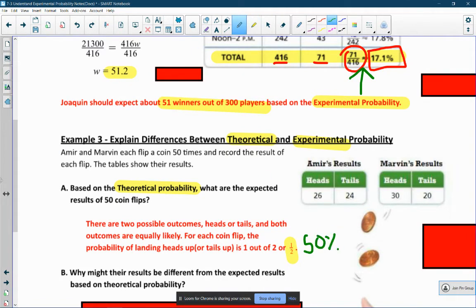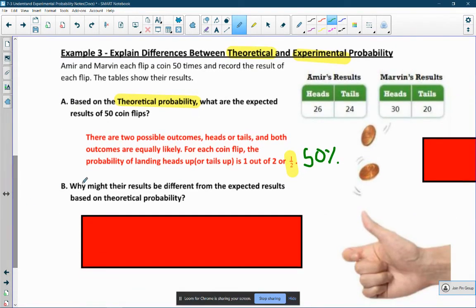Okay, B, why might their results be different from the expected results based on the table? Now, using the theoretical probability, each person should have got 25 and 25, because half of 50 is 25. But we notice that's not the case.